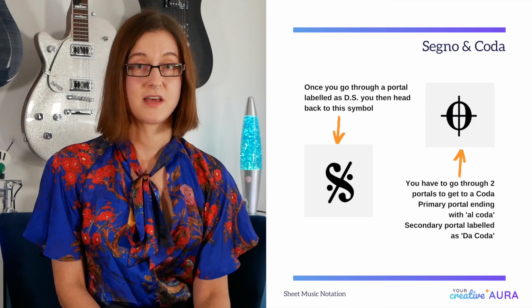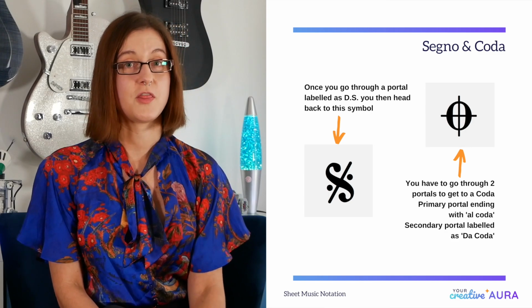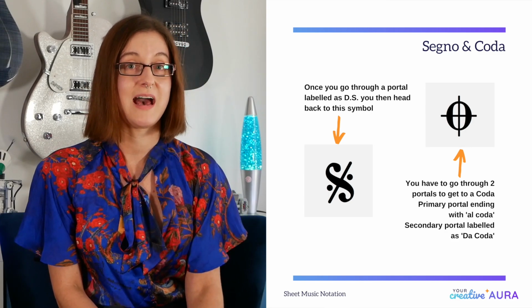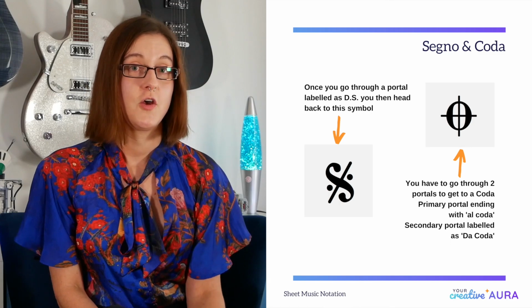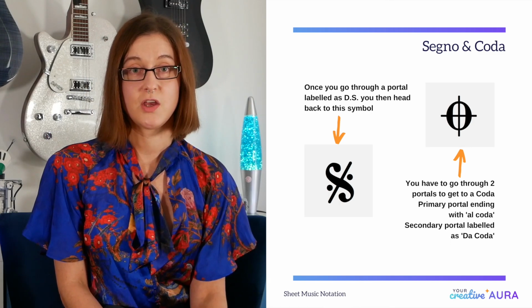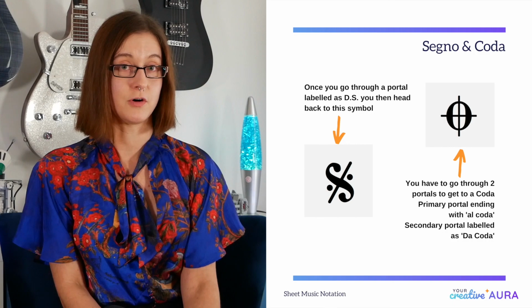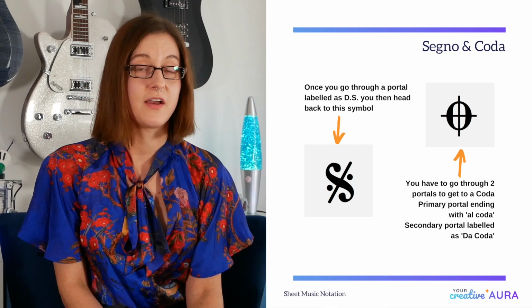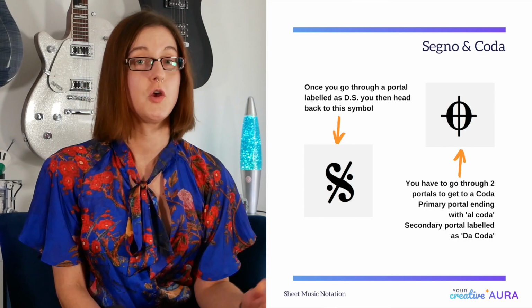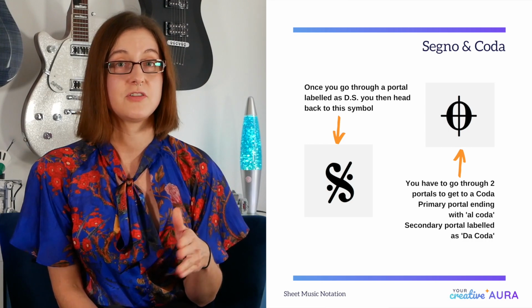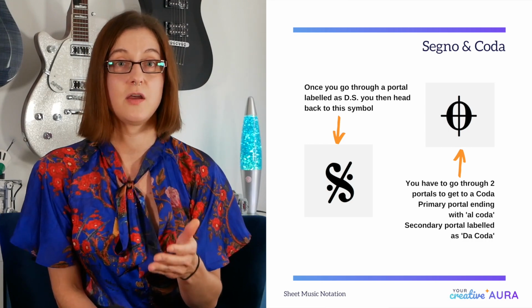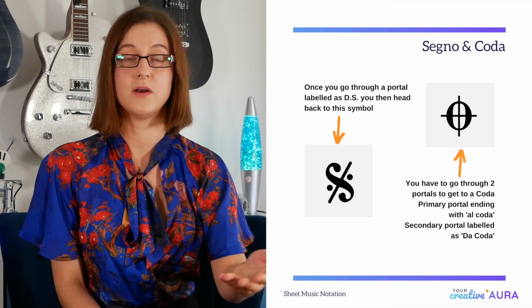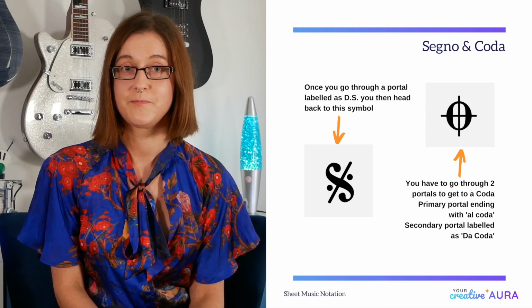The segno sign will only work if you've been through a primary portal labelled as DS. For the coda sign to work, you have to go through a primary portal ending with the target al coda. You then play until you reach the secondary portal da coda, and then you jump forward to the coda sign.